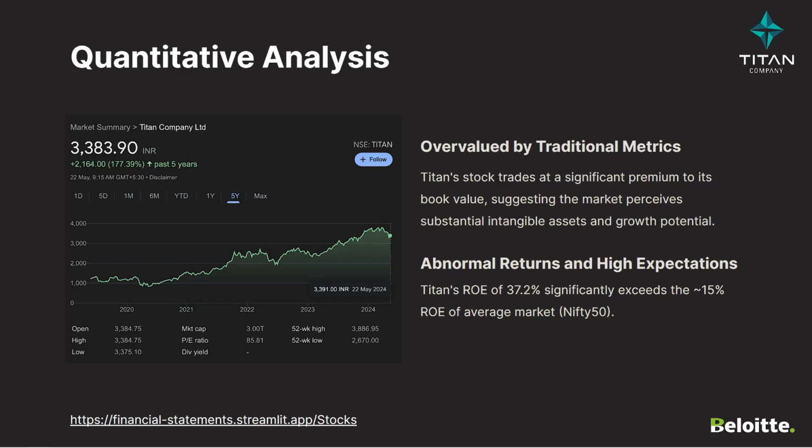Now let me add something more, especially about the Titan company. Titan is into jewelry, and different kinds of other fashion items. Because it has a direct link to gold jewelry, it also works as a substitute, a kind of hedging opportunity.